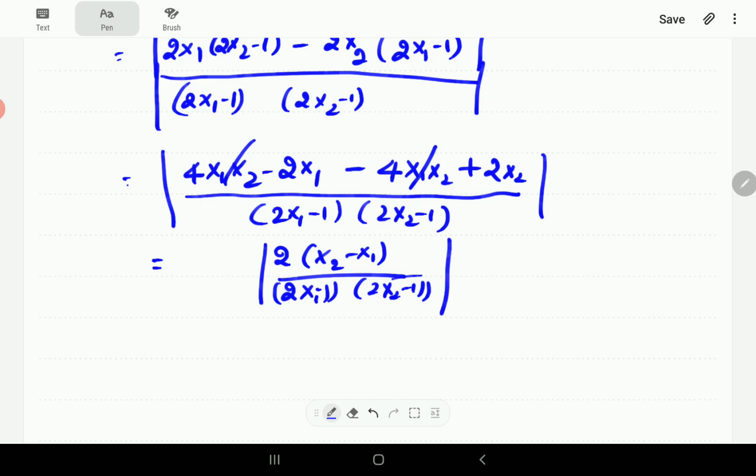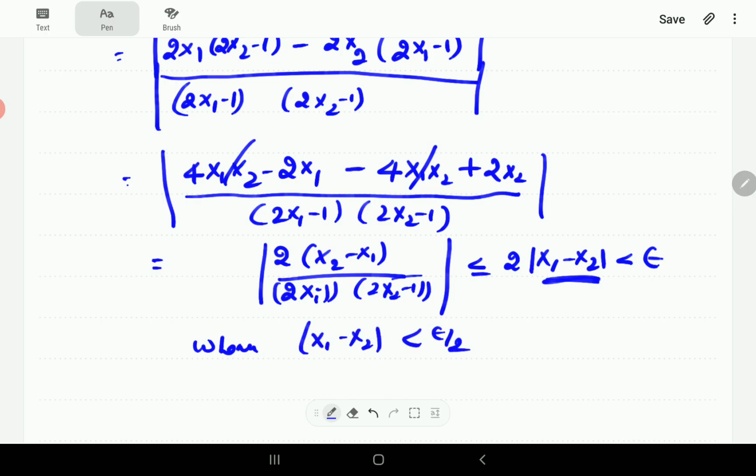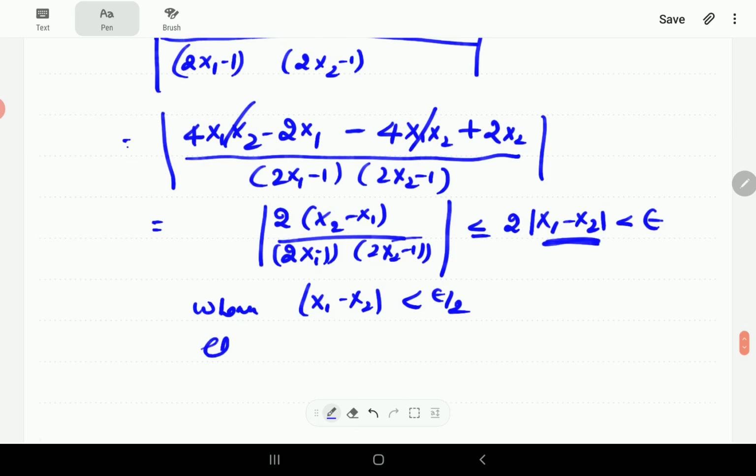Okay, so if you observe, this whole quantity will be less than or equal to 2 times the modulus of x1 minus x2, because since it is in a modulus, whether you take x1 minus x2 or x2 minus x1 doesn't make a difference, and this is less than epsilon. So 2 times the modulus of x1 minus x2 is less than epsilon, which implies x1 minus x2 will be less than epsilon by 2. So here choose your delta as epsilon by 2.